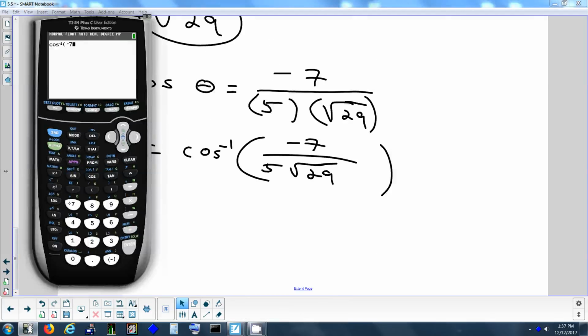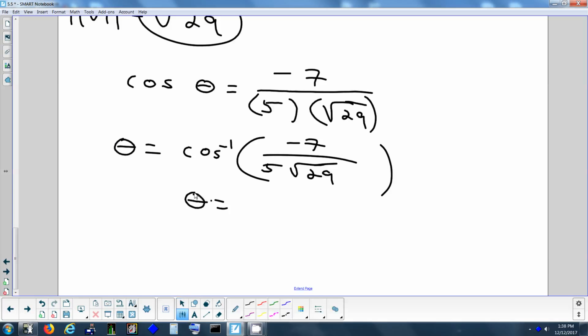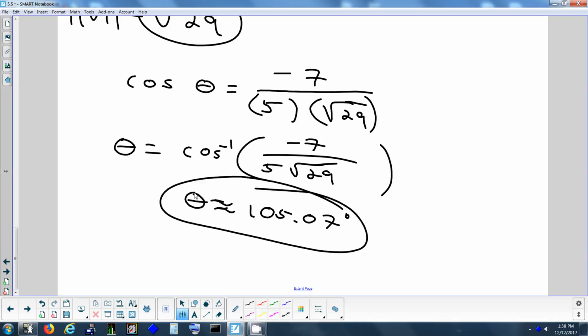Inverse cosine of negative 7 divided by 5 square root of 29. I think if you type it in like that, it should be okay. 105.07. That's the angle between the vectors.